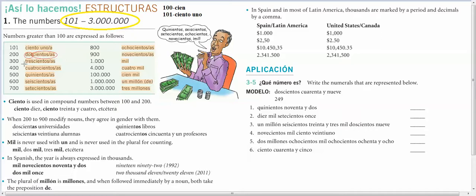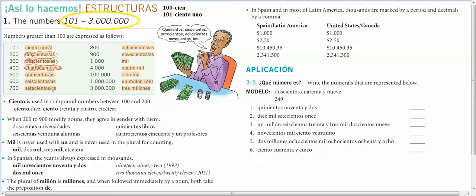Okay, so 300 would be tres, which is 3, added to cientos. Then cuatro, which is 4, added to cientos. That's how you get 400.